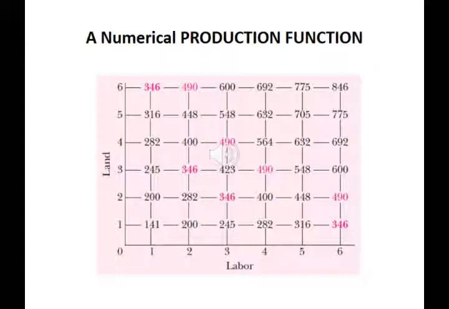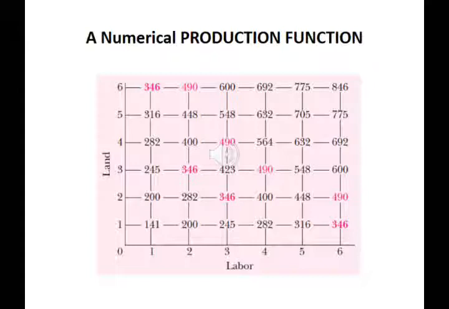Now let labor increase from 1 unit to 2 units, from 2 units to 3 units, and so on and so forth. Now we are fixing land. This will be our fixed factor of production, and we are going to change the variable factor, which is labor. So let's say we are going to change it from 1 unit of labor to 2 units, and from 2 to 3, and so on.